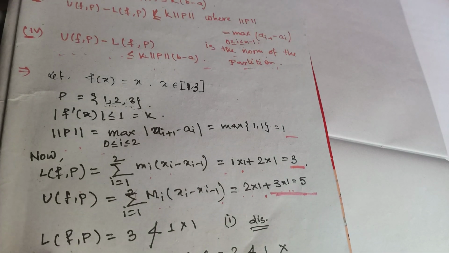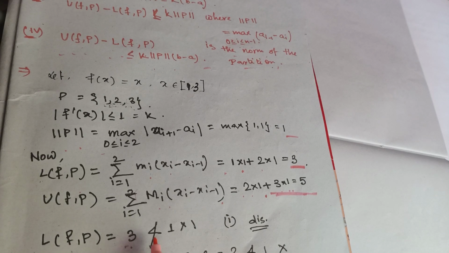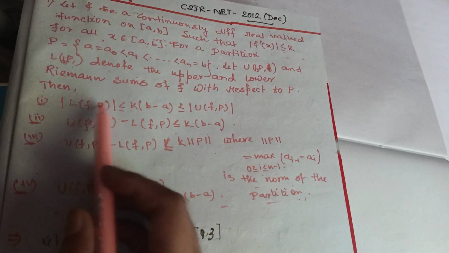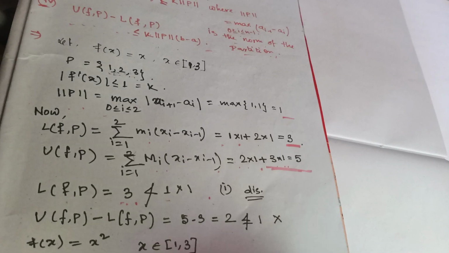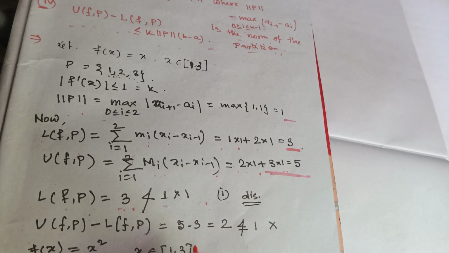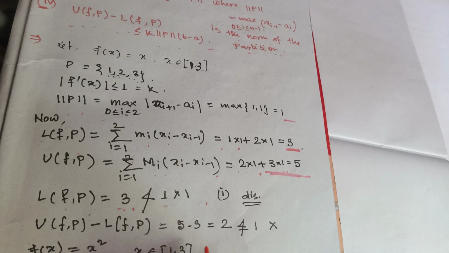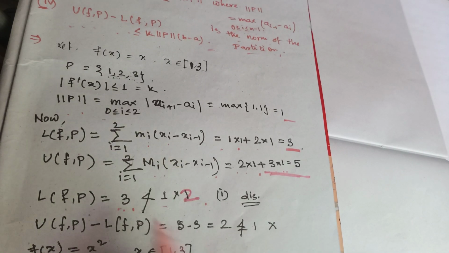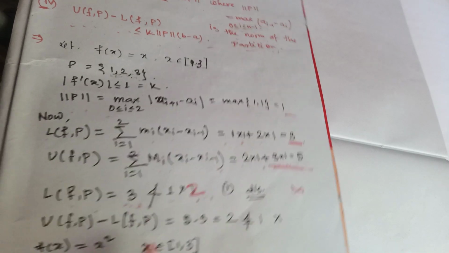Okay, so obviously we see that L(f,P) equals 3, less than or equal to 1 into 1, so the first option is discarded, because the first option says that L(f,P) is less than or equal to K times (b minus a). We find L(f,P) equals 3, and here K is 1 and b minus a is also 2, that is 3 is not less than 2, so it is incorrect.